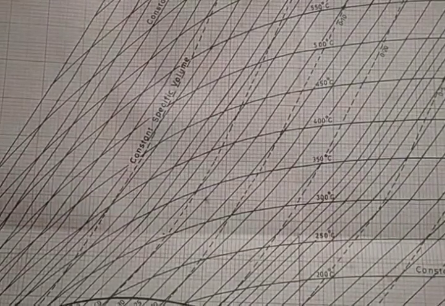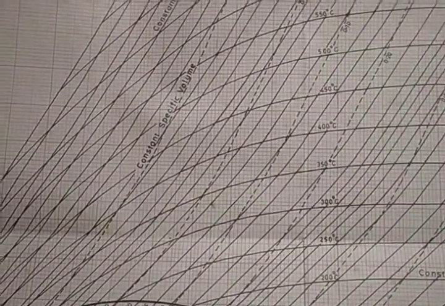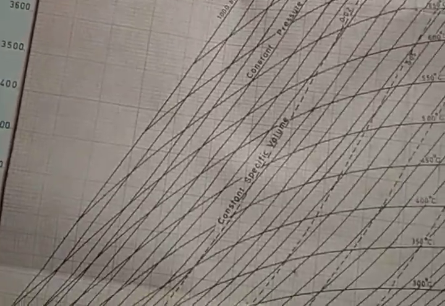You can see here it starts with a pressure of 1000 bar, 1000, 800, 600, 500 and so on up to 0.01 bar. Then you have these dotted lines. These are constant specific volume lines, these dotted lines, whatever you can see.